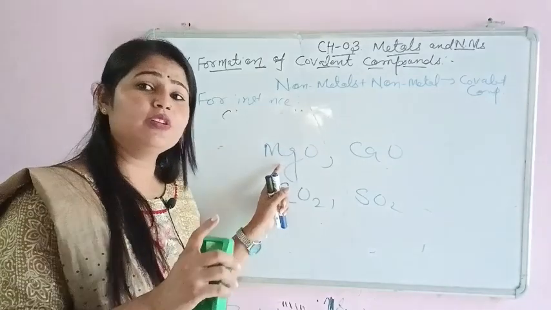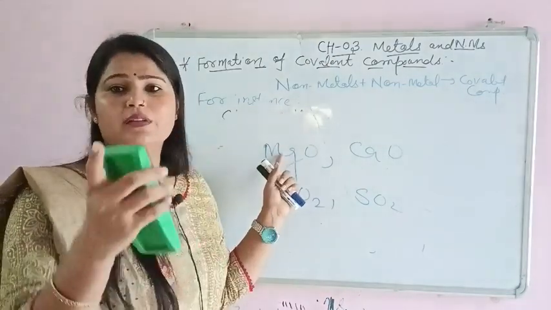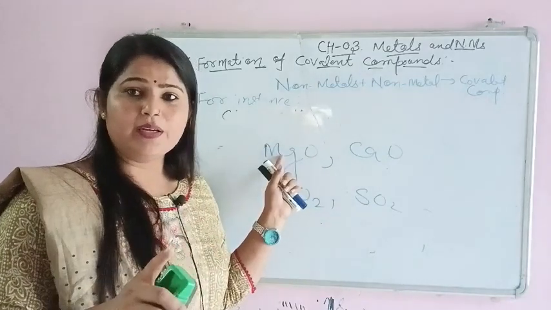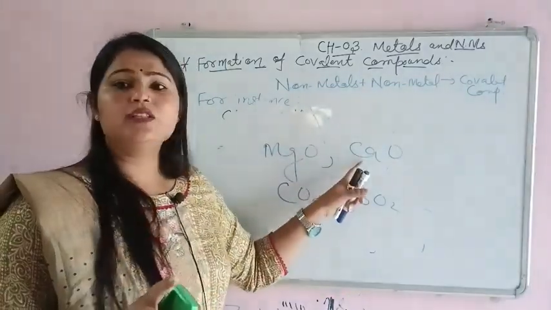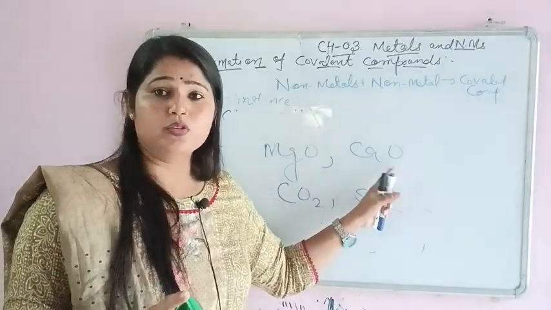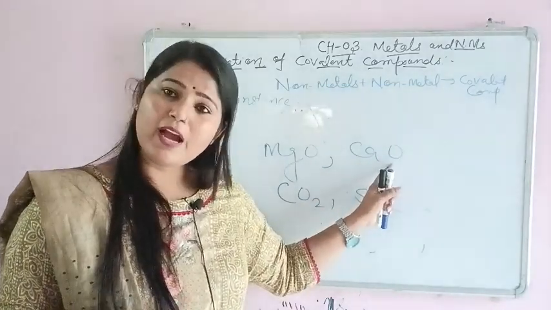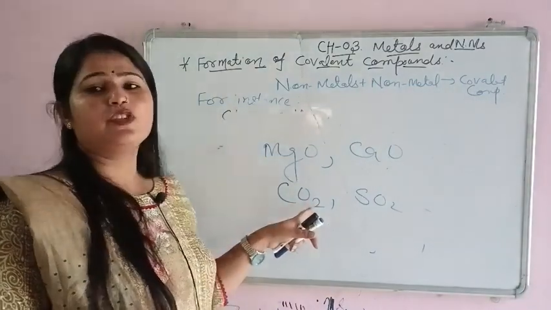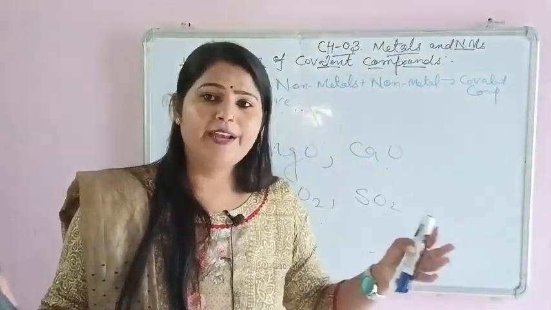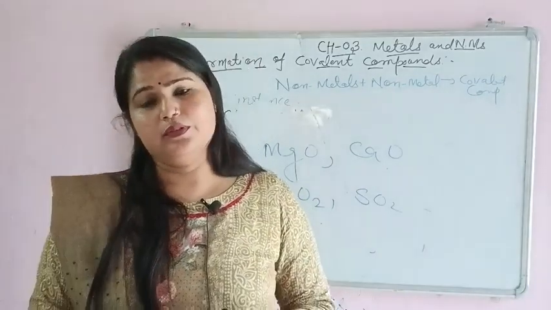So this is a type of ionic compound. Ionic compounds are formed by metals and non-metals. This compound also contains one metal element while the other is a non-metal, so this is also a type of ionic compound. In the case of CO2, NO2, both elements are non-metals. So this is a type of covalent compound.